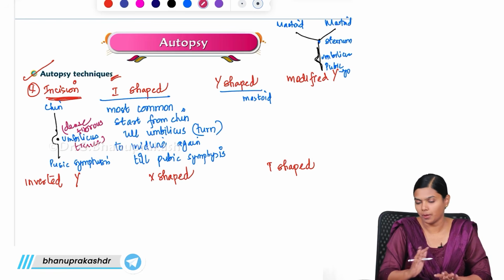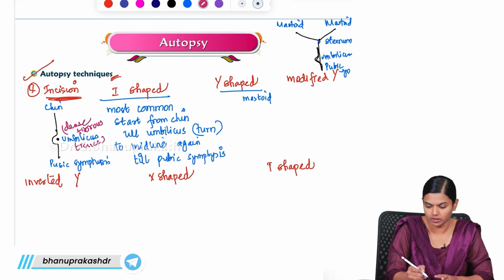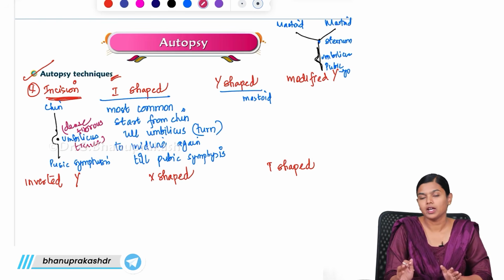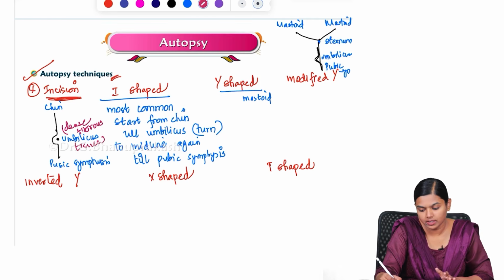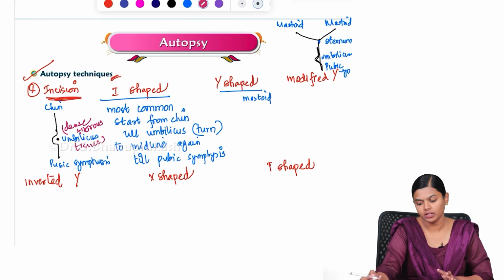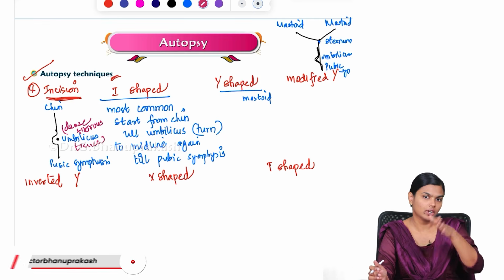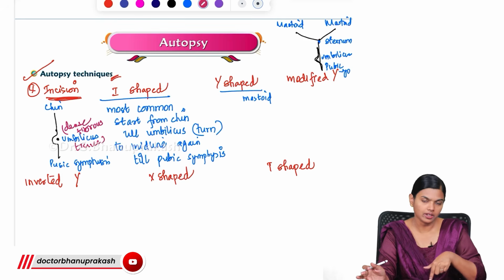So, the Y-shaped incision starts from the mastoid on both sides, joins at the sternum, and goes down till the pubic symphysis as a straight line in the midline, sparing the umbilicus.